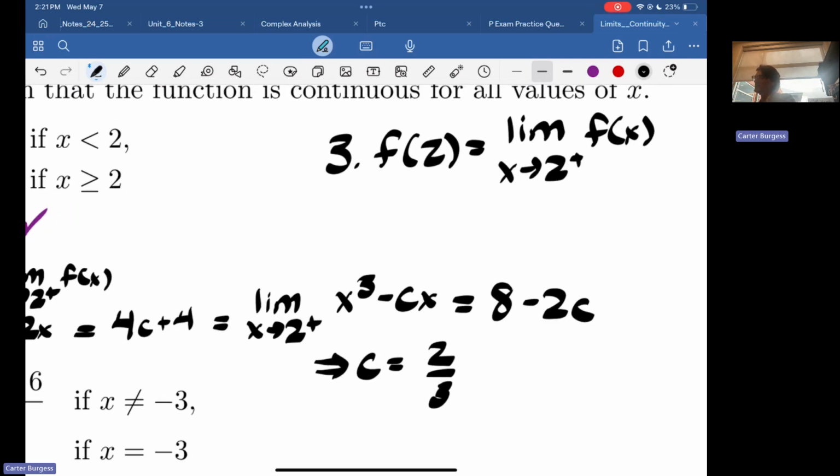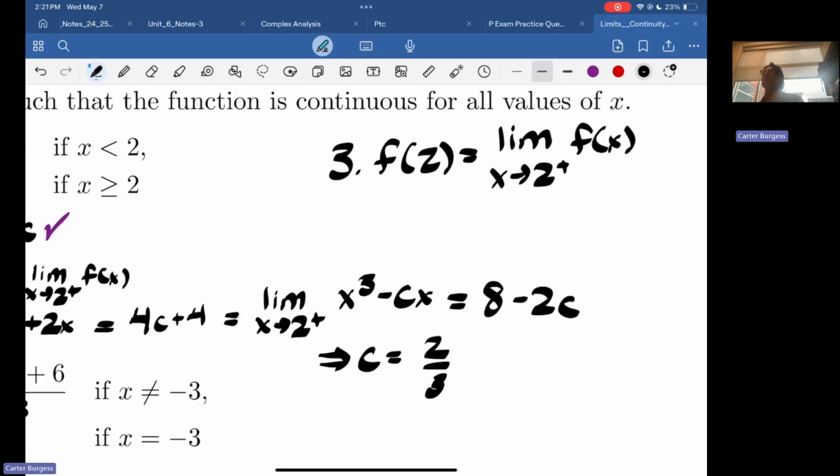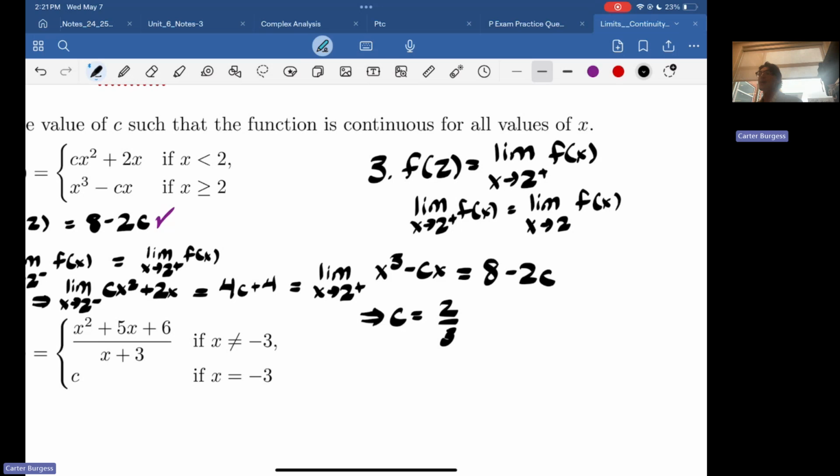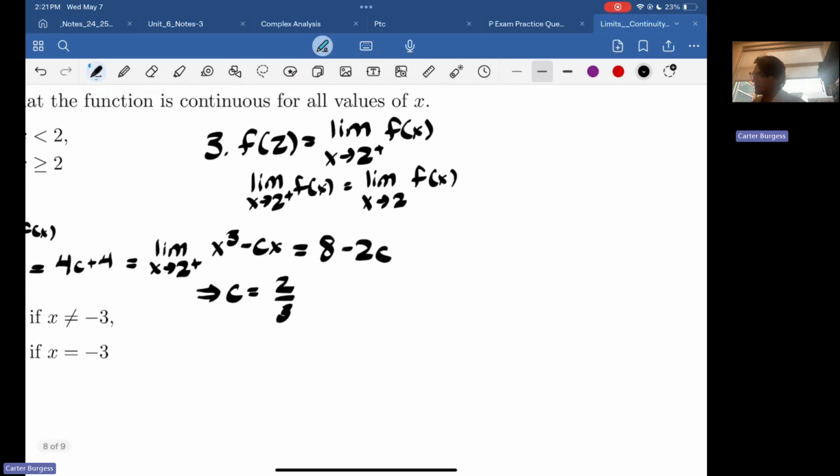Okay. And we know that the right-handed limit is just the same as the overall limit since the limit exists. So the limit as x approaches 2 from the right is just the same as the overall limit. And so if our function at 2 matches the right-hand limit, then it must also match the overall limit.